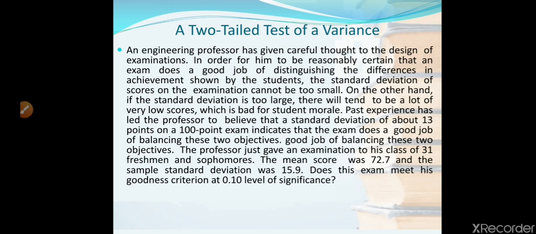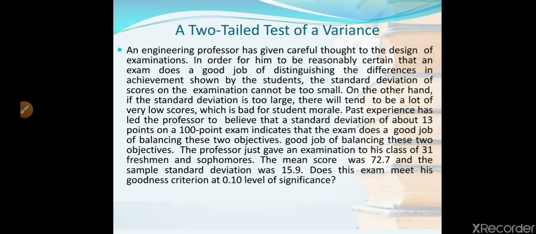The professor just gave an examination to his class of 31 freshmen and sophomores. The mean score was 72.7 and the sample standard deviation was 15.9. Does this exam meet his good criterion at 0.1 level of significance? So here we have to see whether the standard deviation is 13 or not.